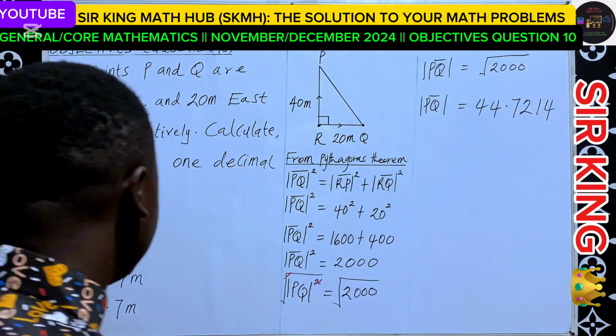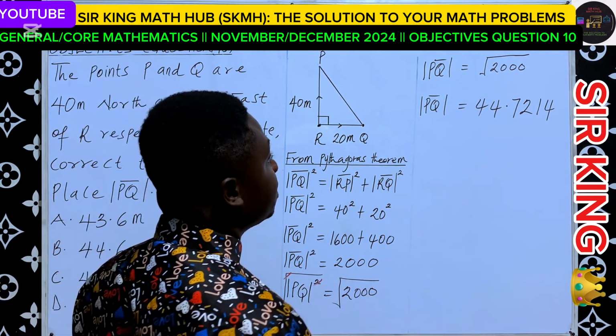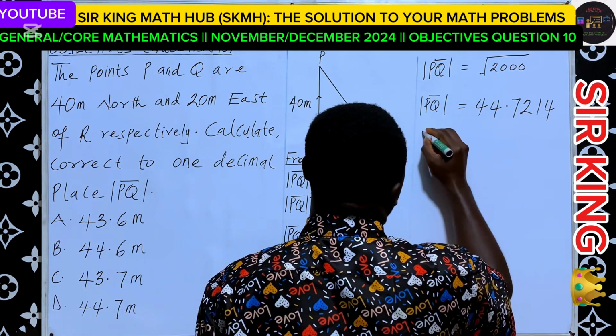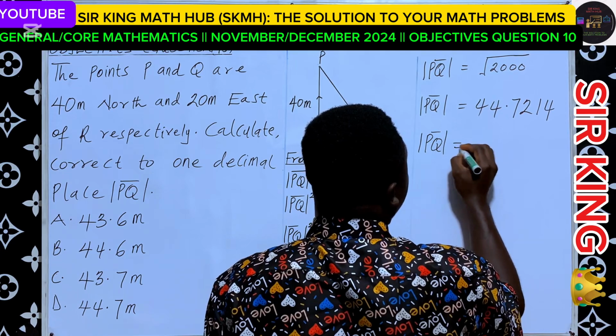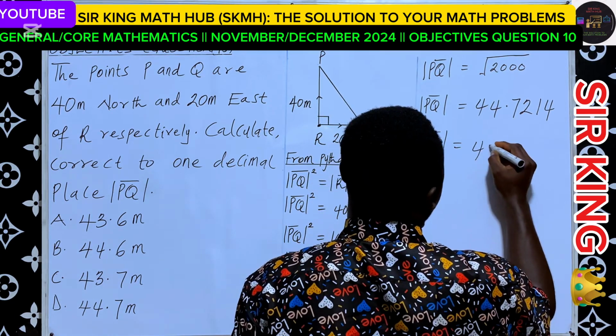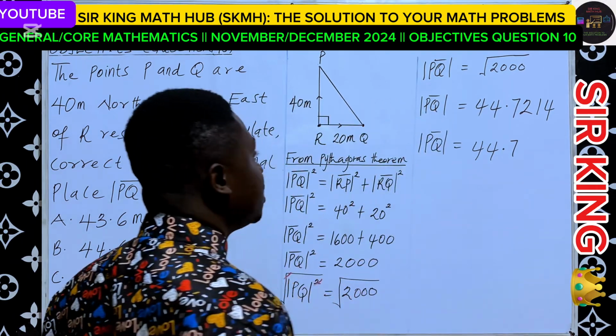But don't forget that we have to correct our answer to 1 decimal place. So let's correct this to 1 decimal place. We have 44.7.